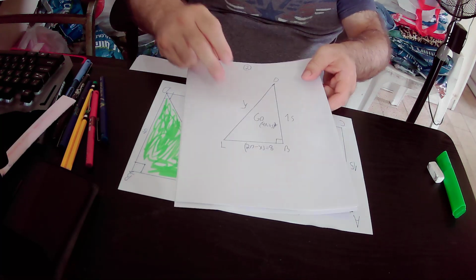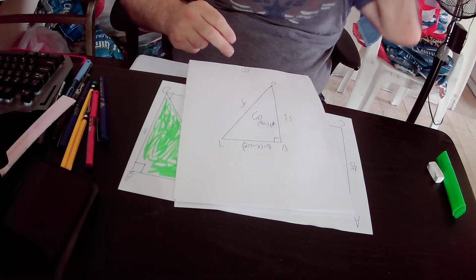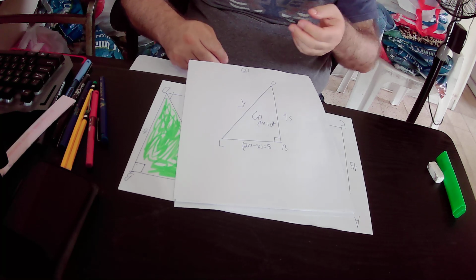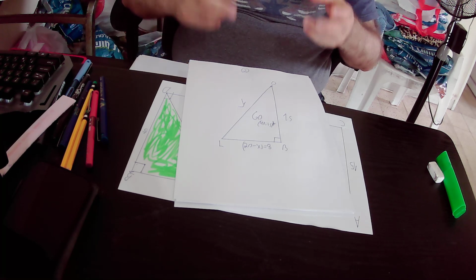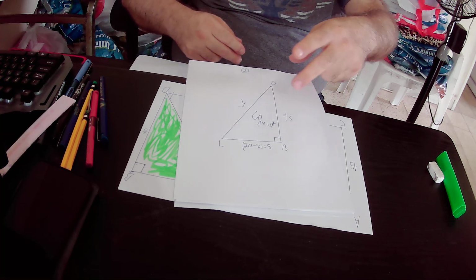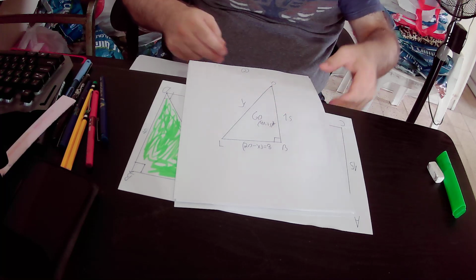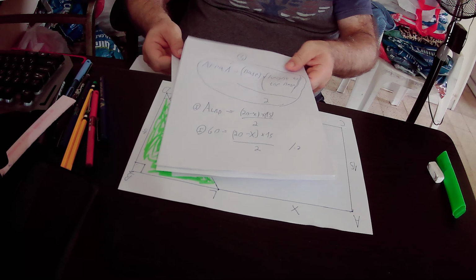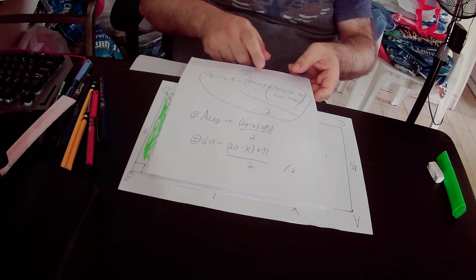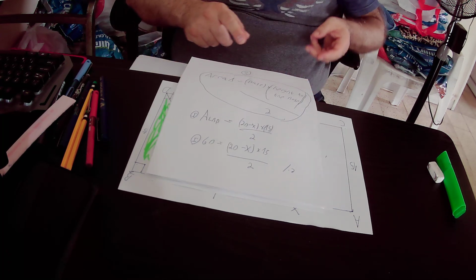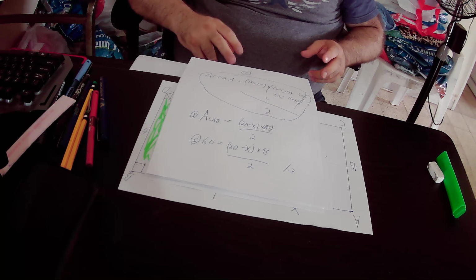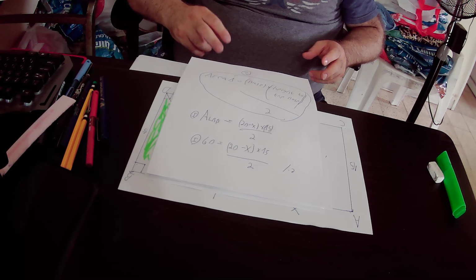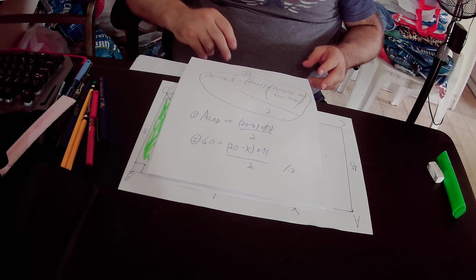We use the formula for the area of a triangle in order to find the value of x. The area of a triangle equals the base times the height over 2. You should remember that the height must be perpendicular to the base.